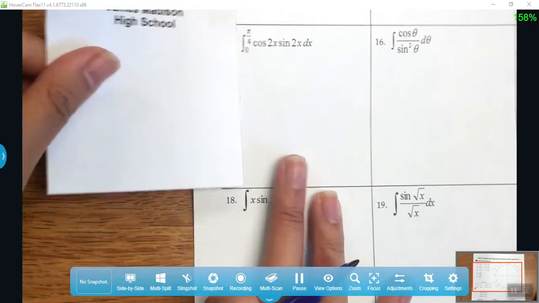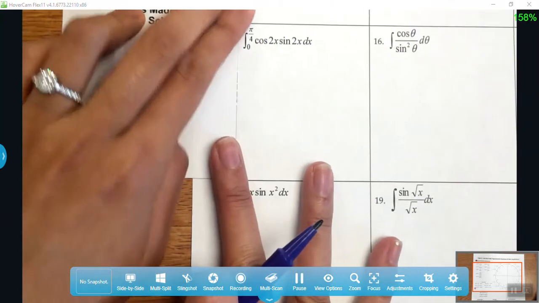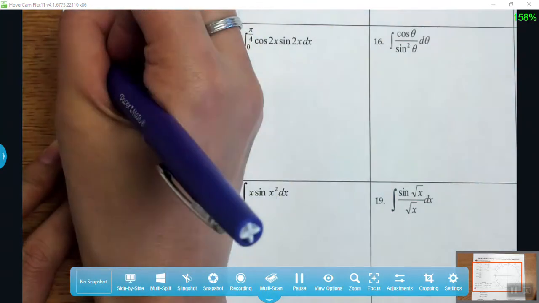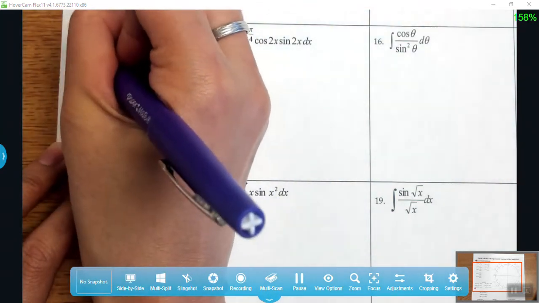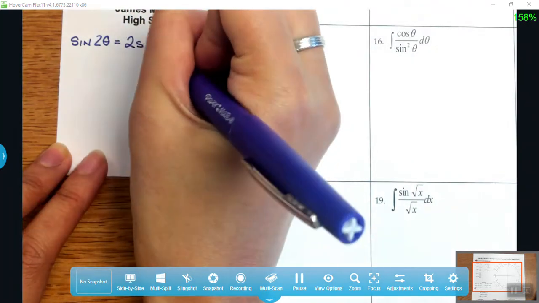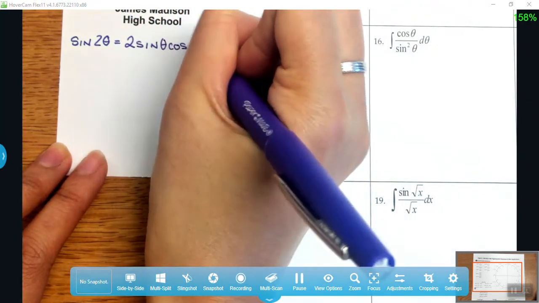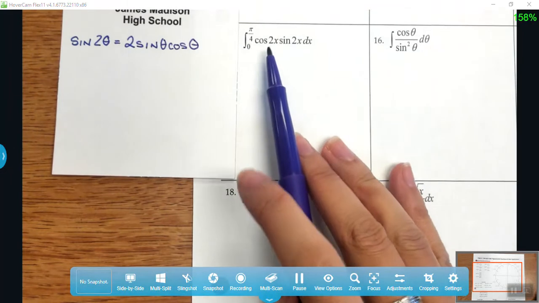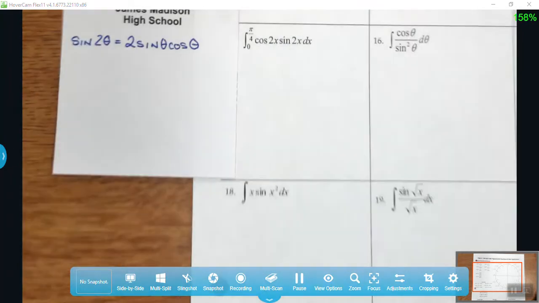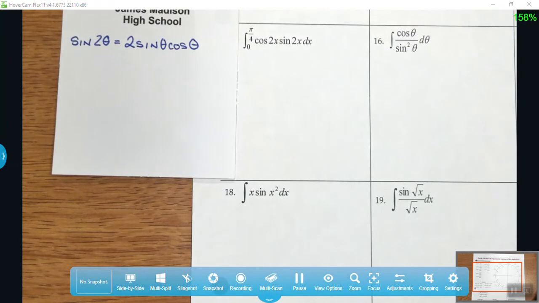Okay, but I can only use the identity if it's like the sine of 2 theta is equal to 2 sine theta cosine theta, which I almost have. I have cosine and sine, but I'm missing this 2. Can I just put it in?